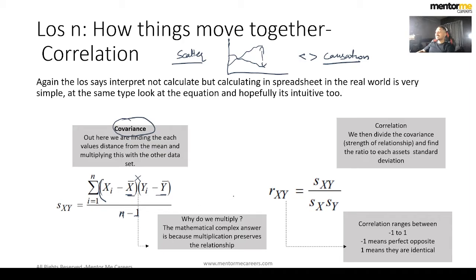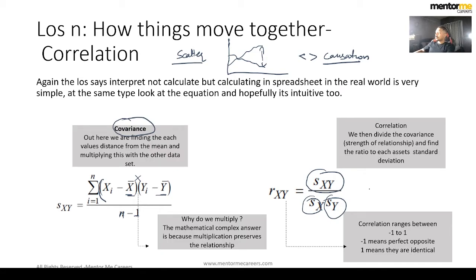Now, if you want to derive correlation from this, because the covariance value by itself will not make any sense, you need a value which you can interpret in real life. So you use the covariance and divide it by the standard deviation of x and the standard deviation of y.